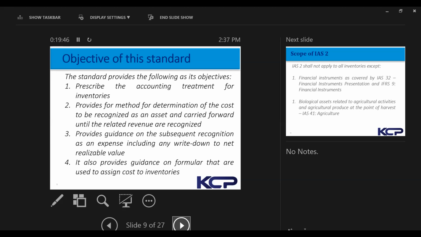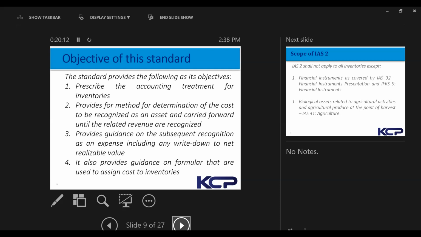When that happens, the standard still provides, as we will see as we go on, that you can also write up the cost, but you cannot write up its cost above its original cost. So using my earlier example, it is still 100,000 originally, and has been written down to 85,000.